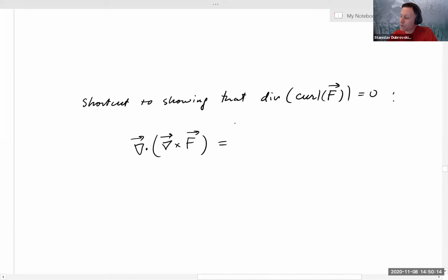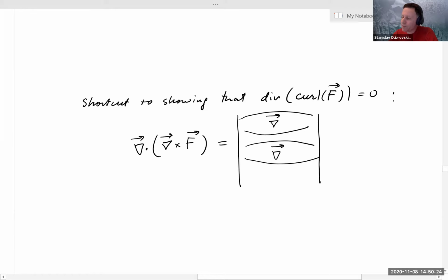This is just the determinant of the first vector understood as a row, second vector as a row, mixed triple product, right? Third vector understood as a row in components. So you know in the determinants, when two rows are the same, then the determinant is zero. So you can just refer to the property of determinants.